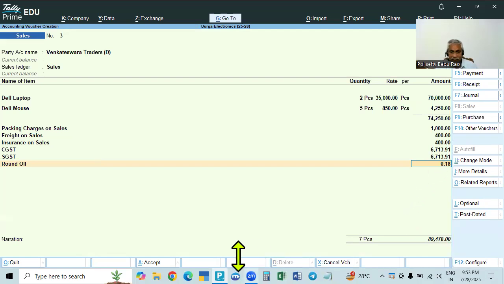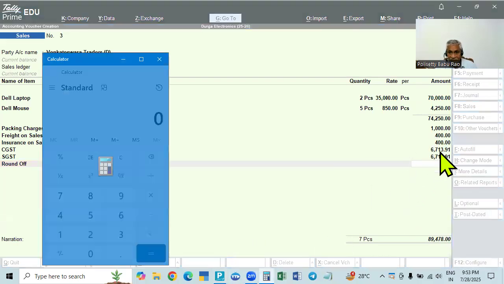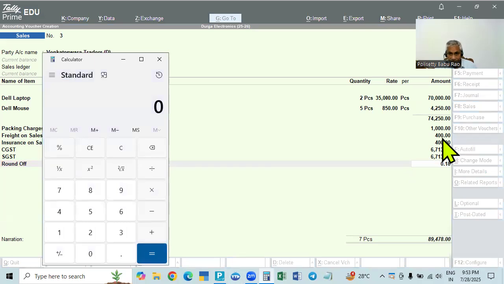Now see the taxation. What we did is, these expenses are divided among the goods stock items as per the value, and along with the stock item value plus the share of the expenses, the total amount is calculated at the respective rate. It will calculate for each item separately.